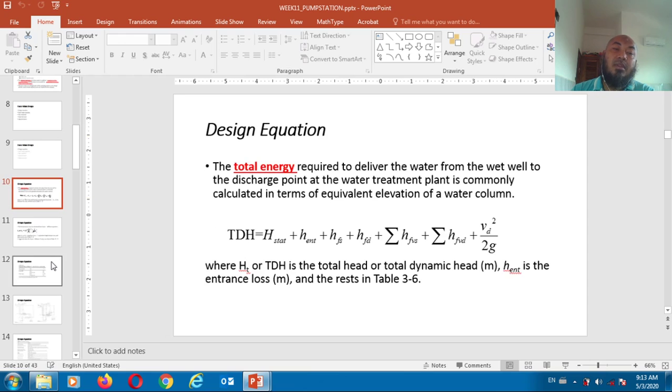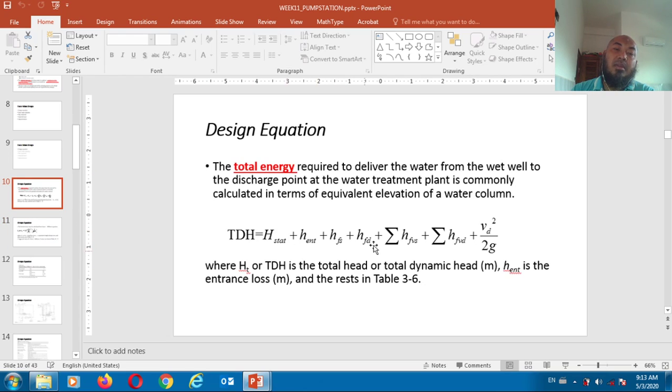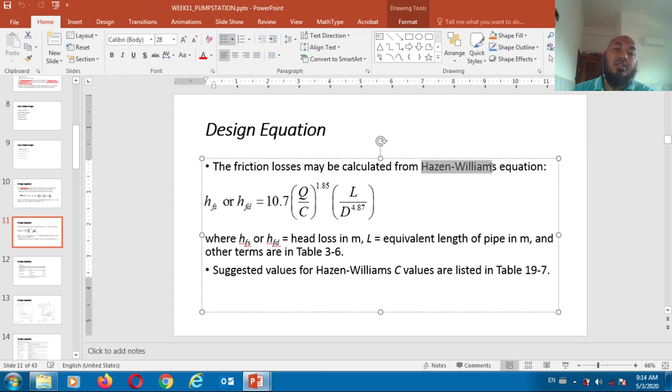You can see from here, this is the total energy or total head. In each parameter, one is the friction loss, which we call the major loss, and we can use the Hazen-Williams equation.